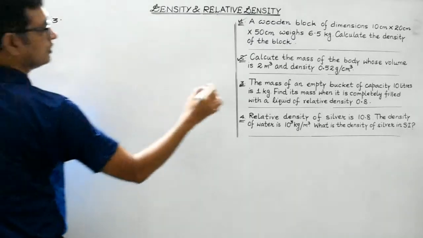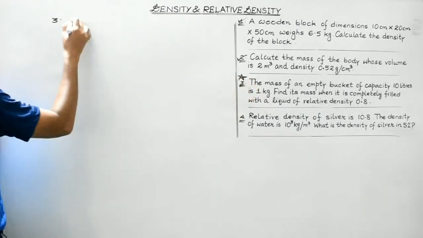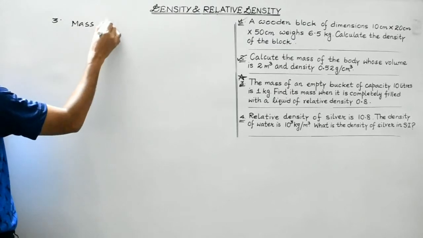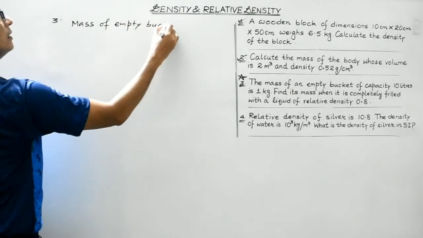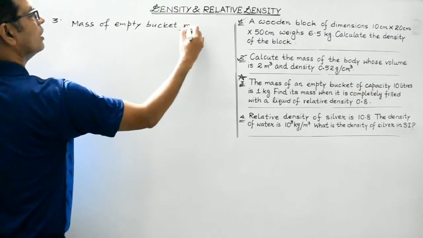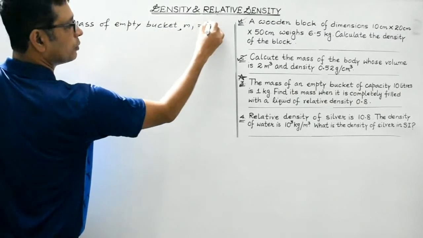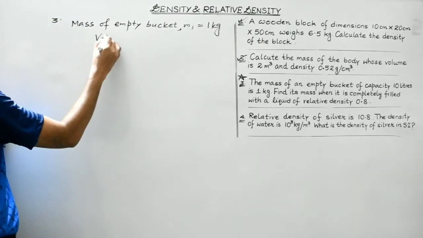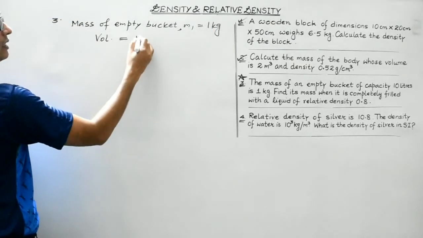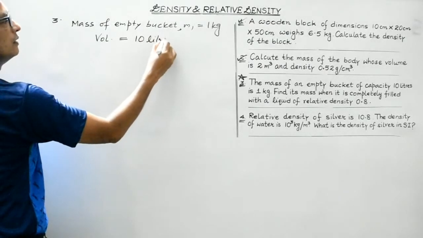So this is a very good question. So first and foremost, mass of the empty bucket, let it be M1, and it is given to be 1 kg, right? And what is the capacity? Capacity means volume of the bucket, that is 10 liters.